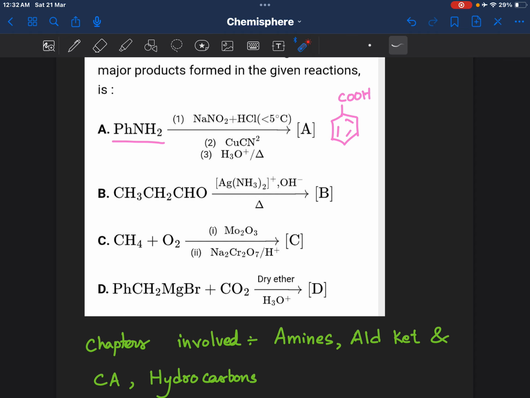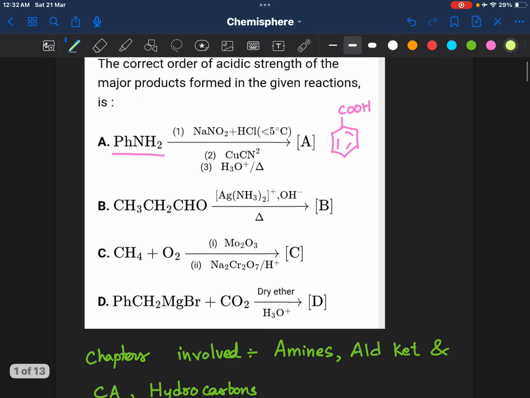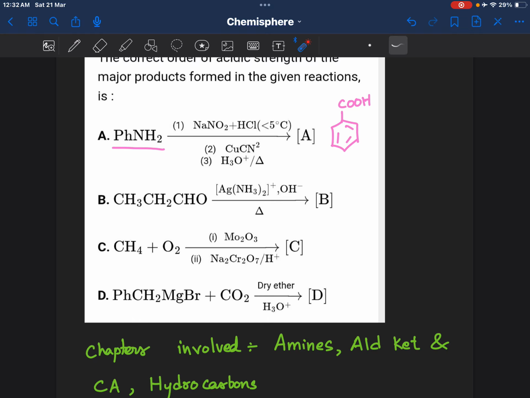Let's talk about B. The starting compound is propanol. Let's look at the reagent. The reagent is very interesting: this is Tollens reagent, ammoniacal silver nitrate solution. Tollens reagent is a very weak oxidizing agent, that's why it can act on aldehydes.